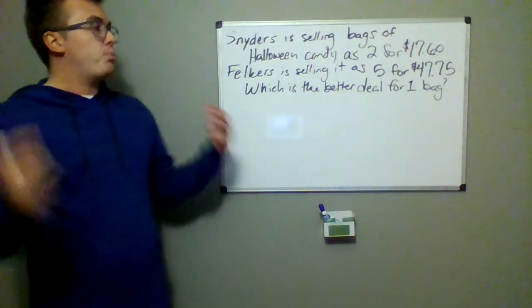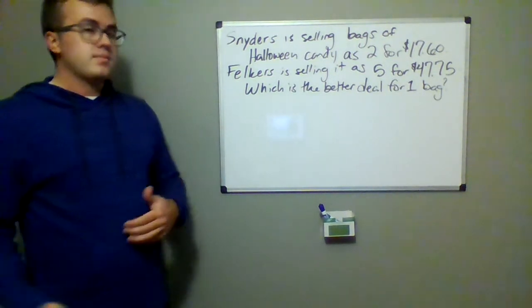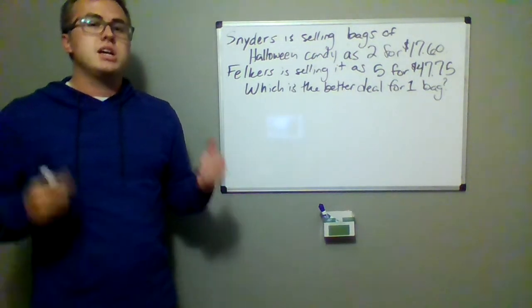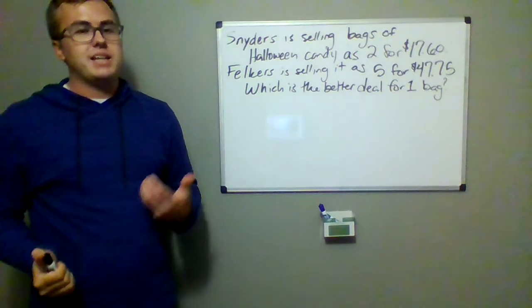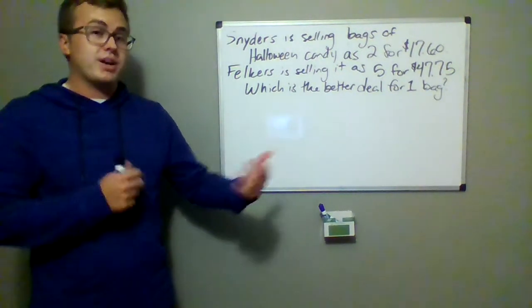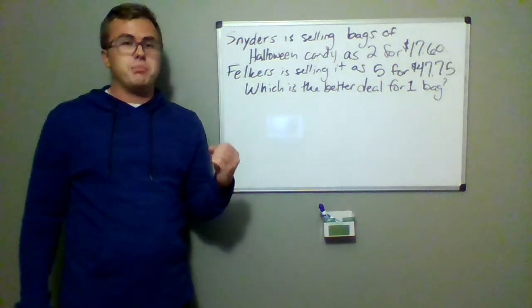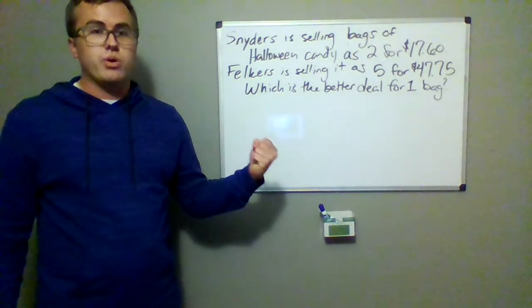So you probably already have a way of figuring this out on your own. But what this essentially comes down to is 2 different direct variation functions. And one thing that makes a direct variation function direct variation is that if you have 0 as your input, so if you buy 0 bags, it should cost you $0.